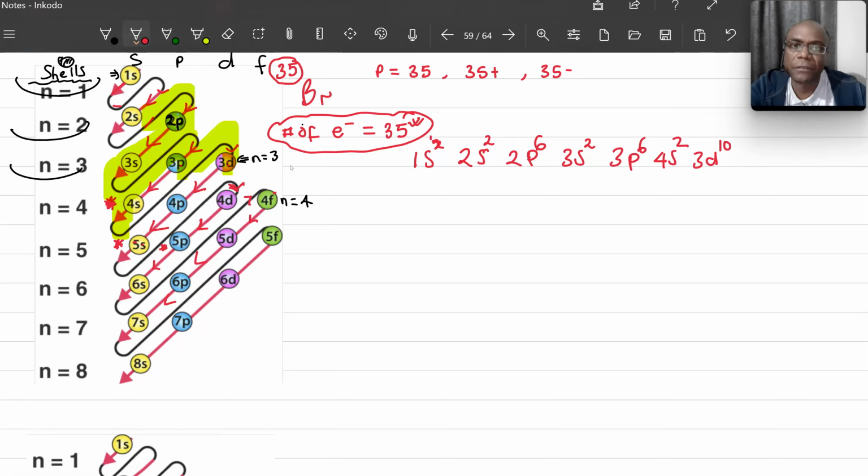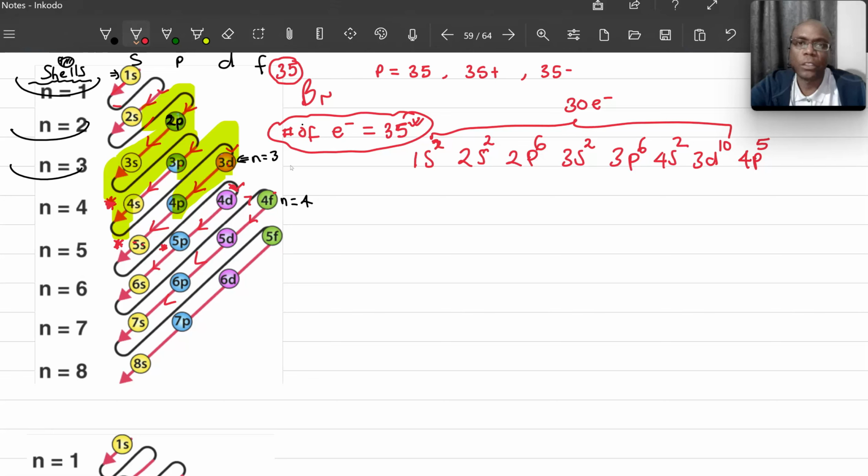How many electrons have we accounted for so far to that point? 2 plus 2 plus 6 is 10. 2 plus 6 plus 2 is 10. Plus 10 is 30. So I'm left with 5 out of the 35. So from the 3D, I go now to the 4P. So 4P is right here, and it's going to carry the remaining 5.